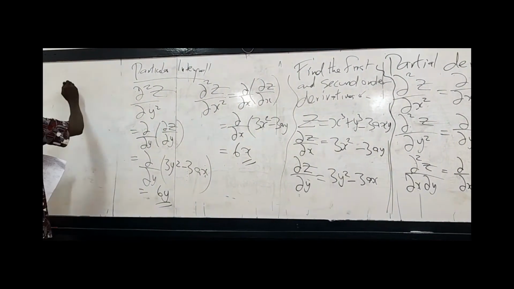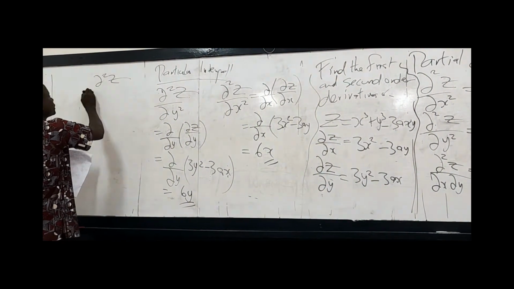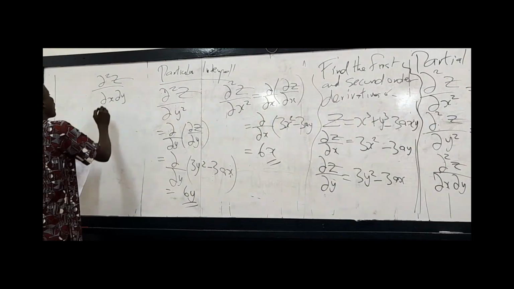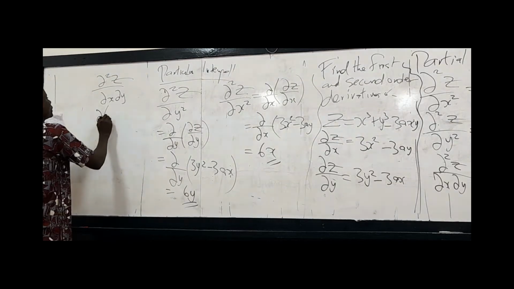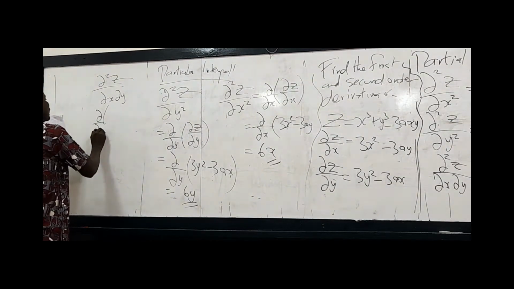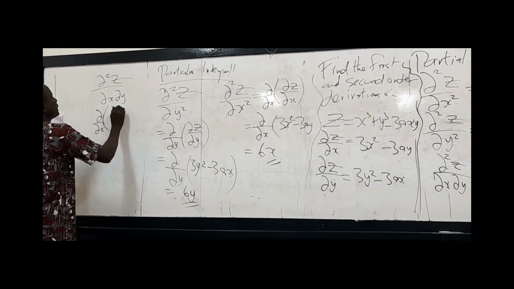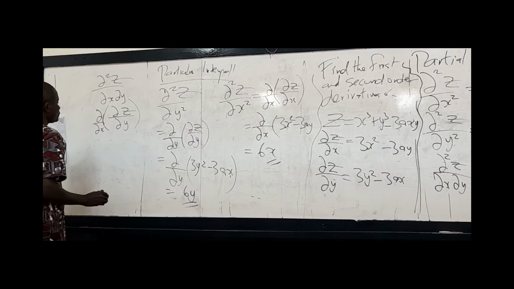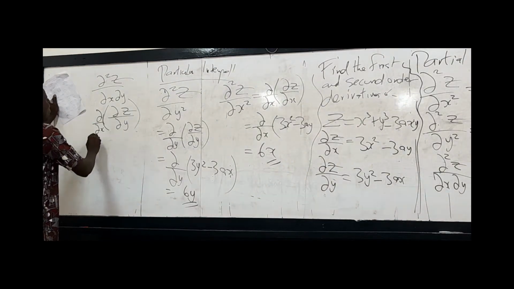Then we are talking about the second derivative of z over dx dy. This will be d/dx of dz/dy. So I can write dz/dy, which is what?